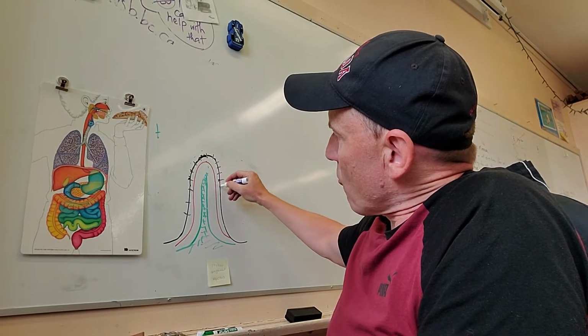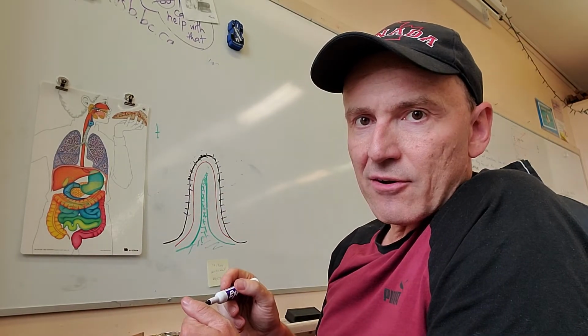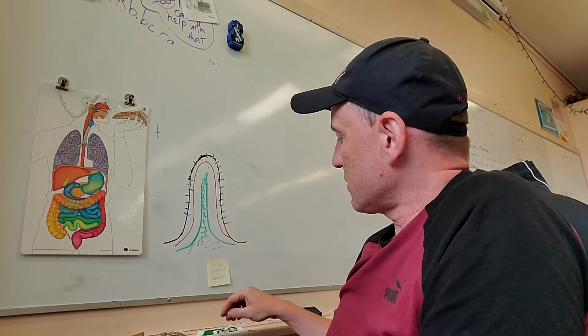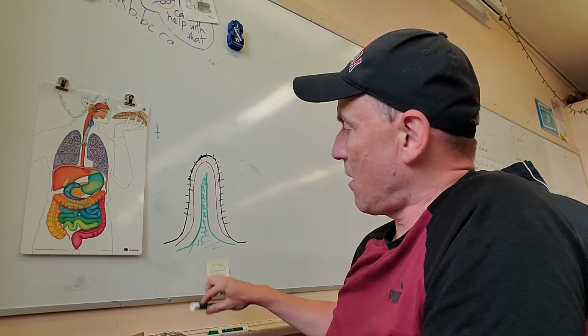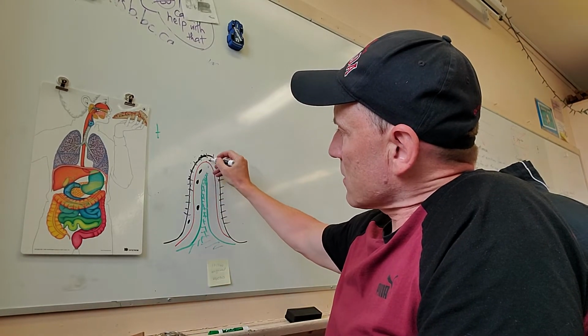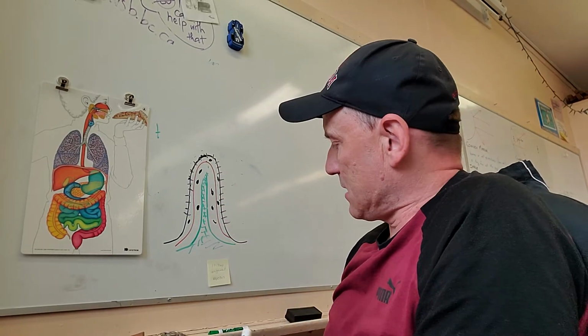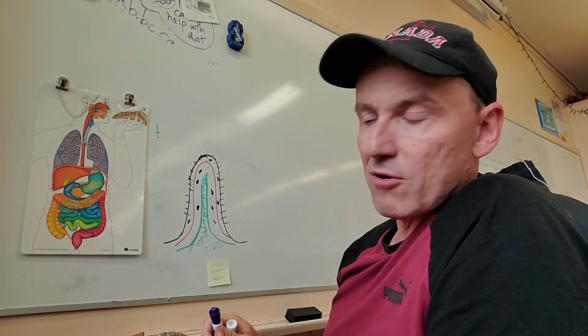of transport proteins all along here, all along the membrane of the microvilli. There are lots of proteins and lots and lots of mitochondria. And so these mitochondria produce ATP that powers the transport proteins.